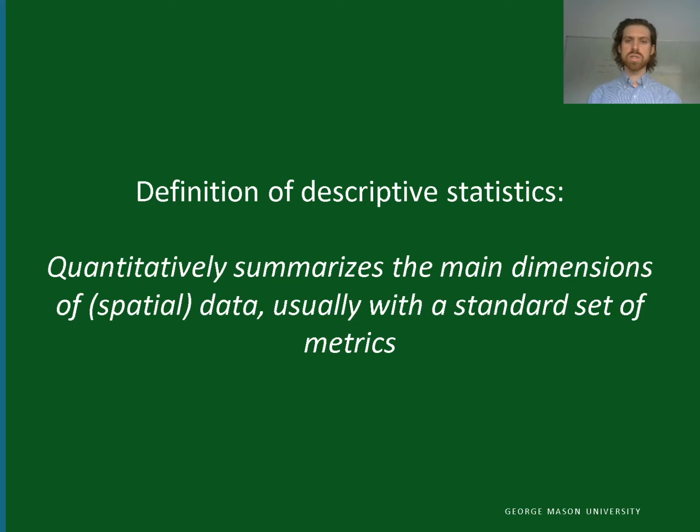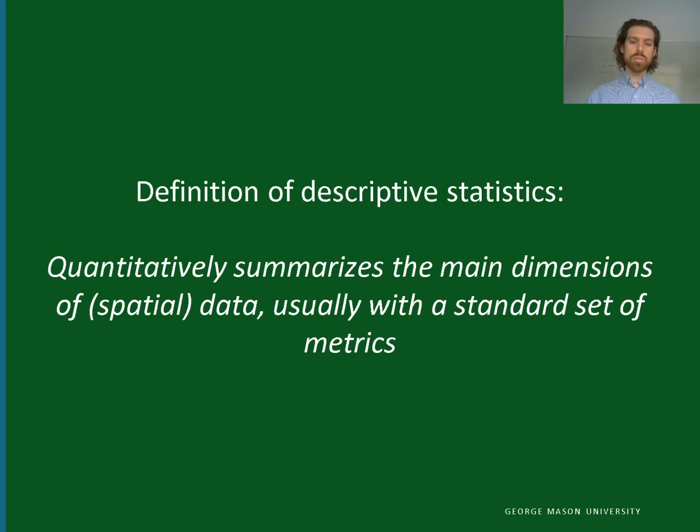What's the definition? Well, essentially, this is a form of quantitatively summarizing the main dimensions of, in this case, spatial data, using a standard set of metrics. And most of you are familiar with that standard set of metrics, for example, the arithmetic mean, the median, the minimum and maximum value, potentially the interquartile range, as well as the total range.